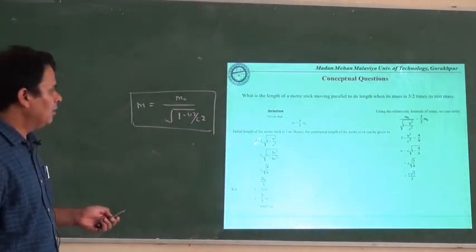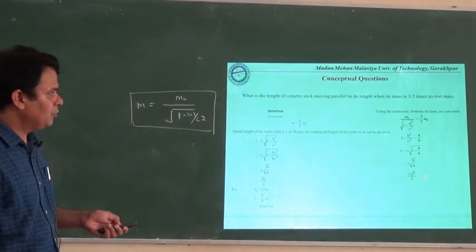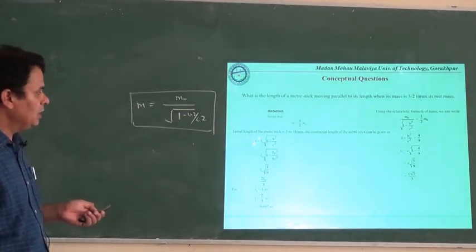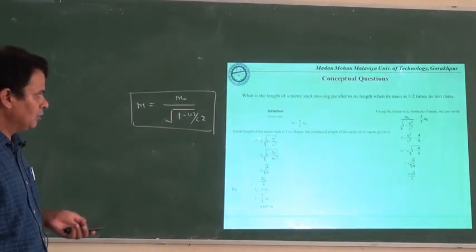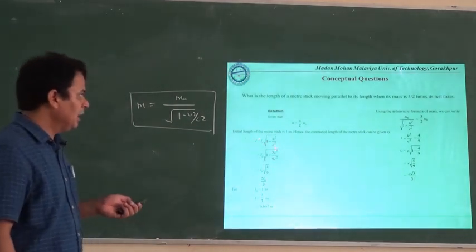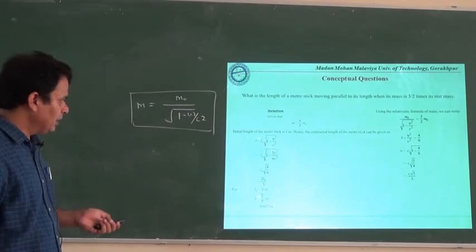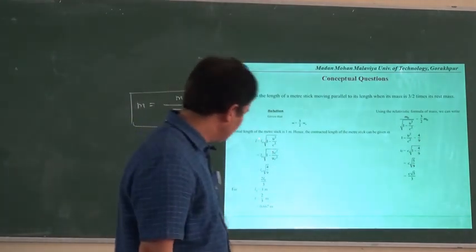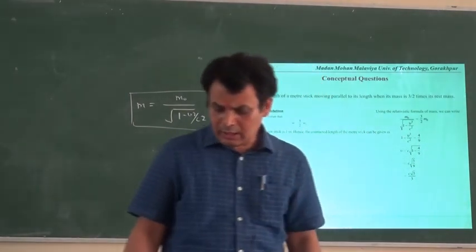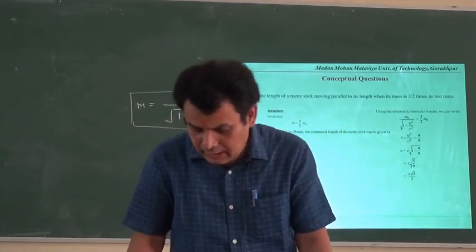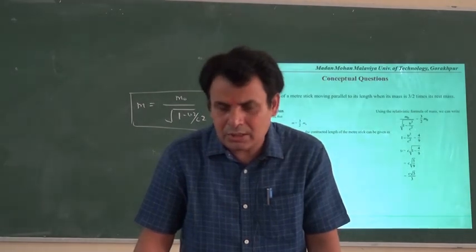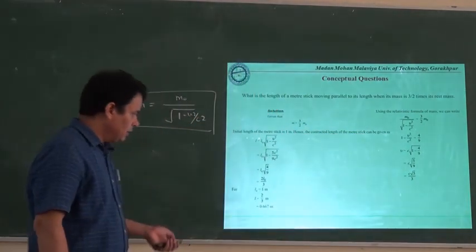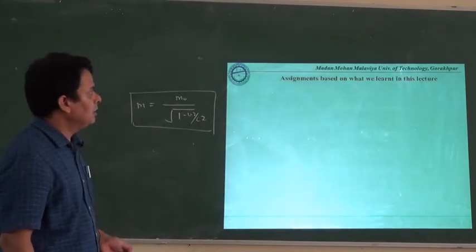So you will have the value of v, the velocity with which our stick is moving, and here we have the contraction relation, that L is equal to L0 under root 1 minus v square upon c square. By putting the value of v, finally you will have L is equal to 2 by 3 meter. It gives the fact that 66.7% contraction will be observed in the length of the rod.